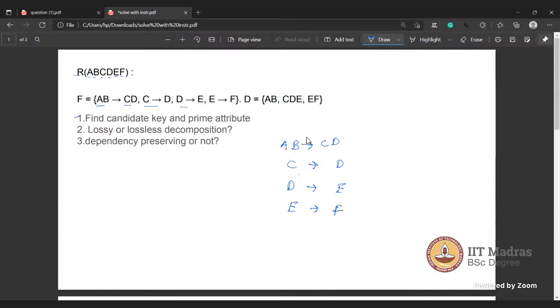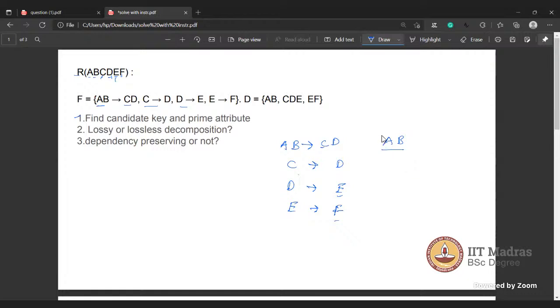Here C, D are present, E is present, F is also present. AB is not present in the right-hand side, so AB must be part of the candidate key.